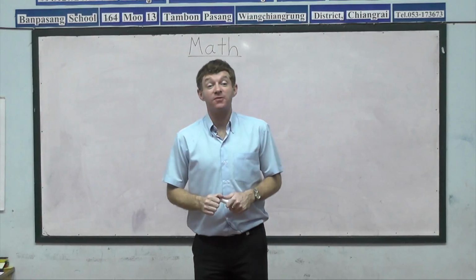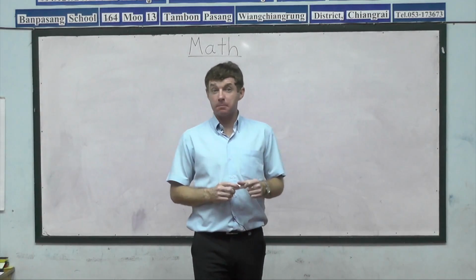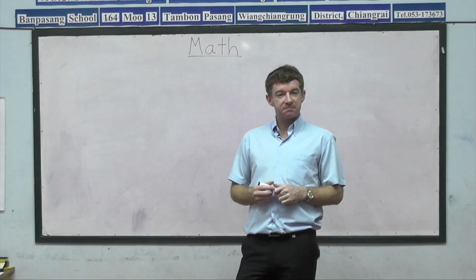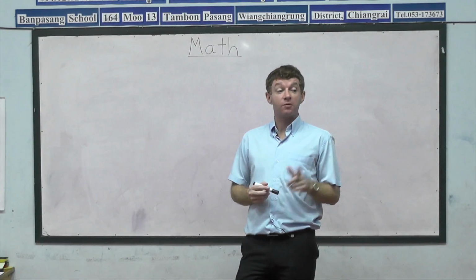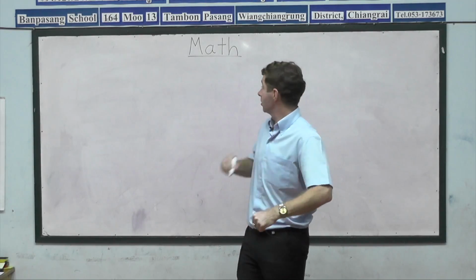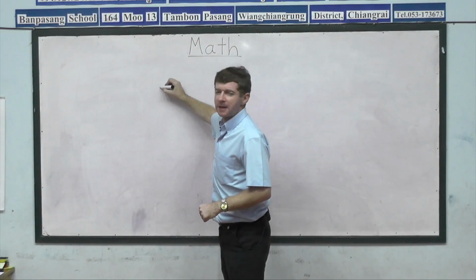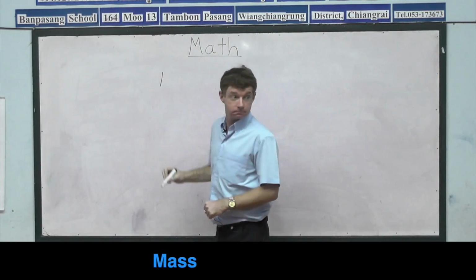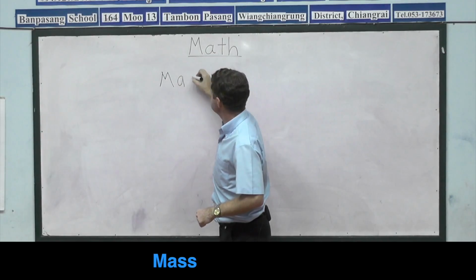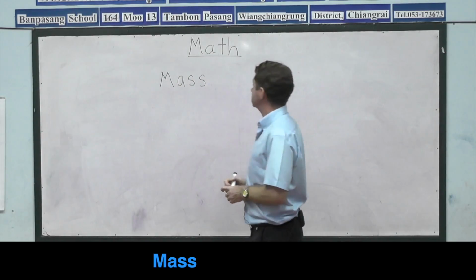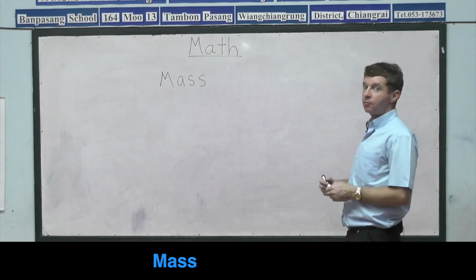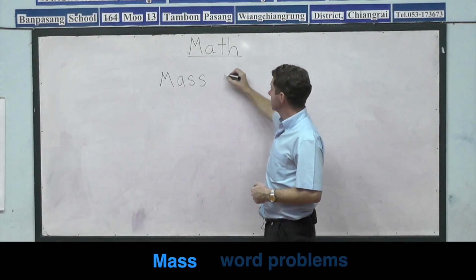Okay, so can anybody tell me what we've been learning about in math recently? Mass. Excellent. That's right. We've been learning about mass, but in particular, word problems. So let's see, how do we spell mass? M-A-S-S. Mass. And how do we spell word problems?